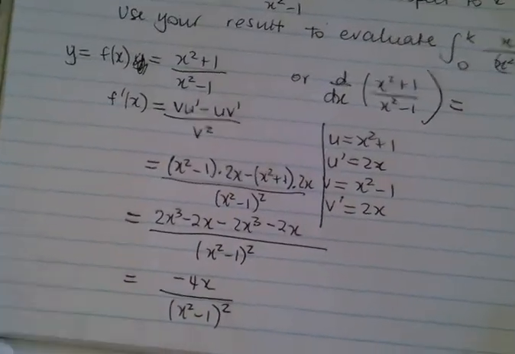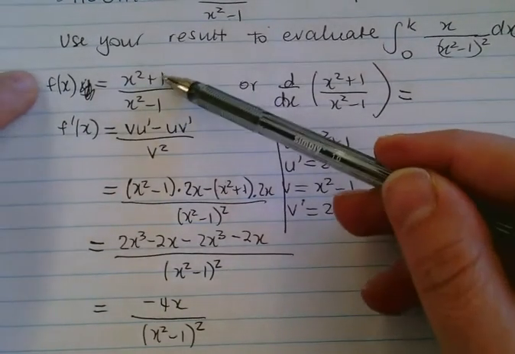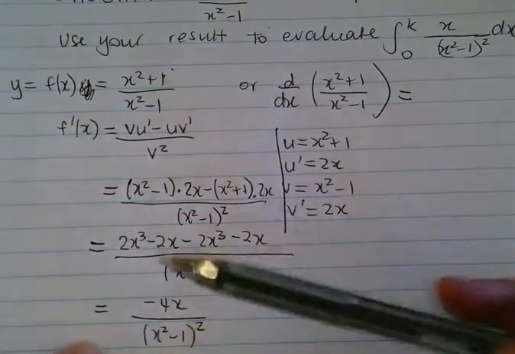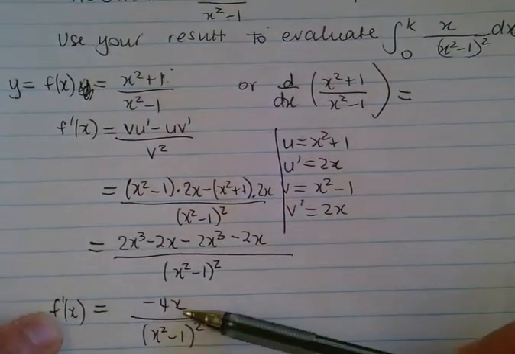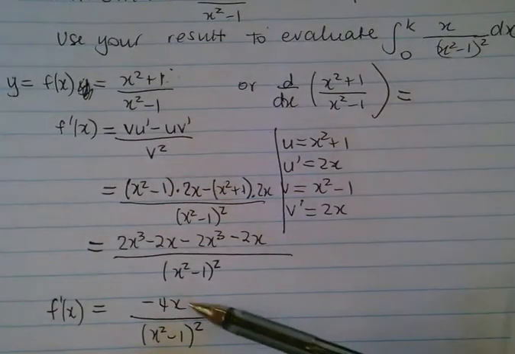Now, this is not the same as question 2. This is a little bit trickier. If you differentiate x squared plus 1 over x squared minus 1, you get this. So if you integrate this, you get that. But the problem is I don't want to integrate this.